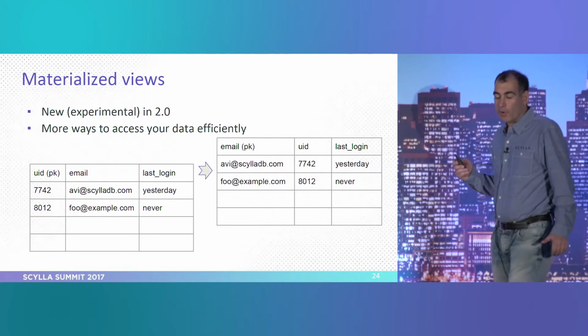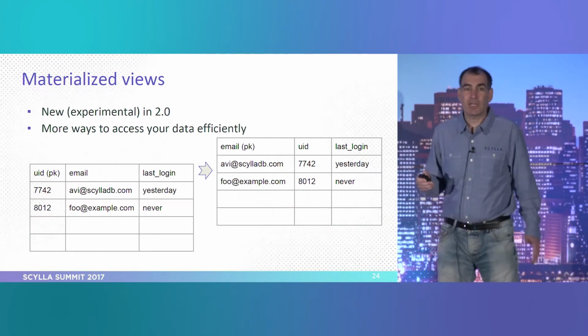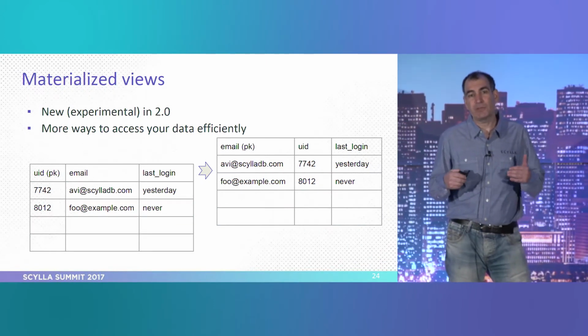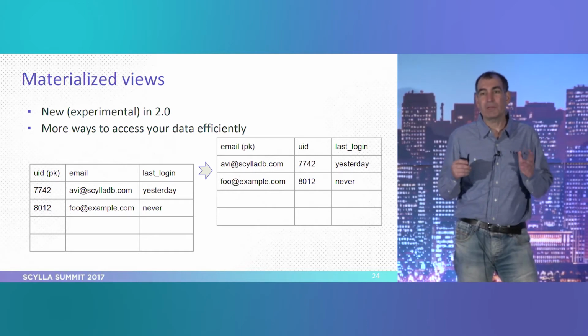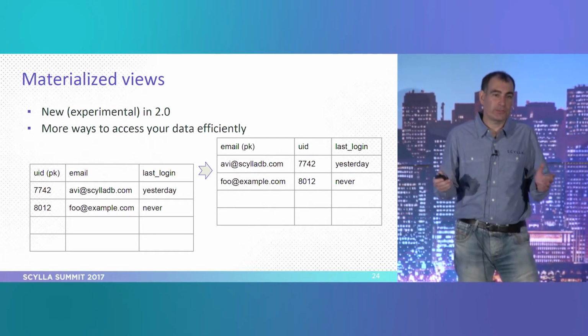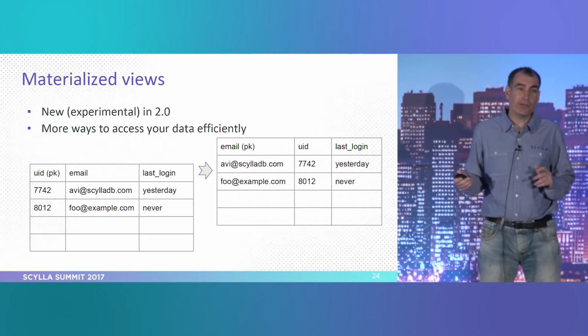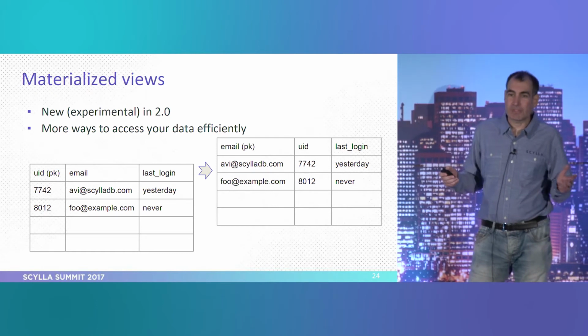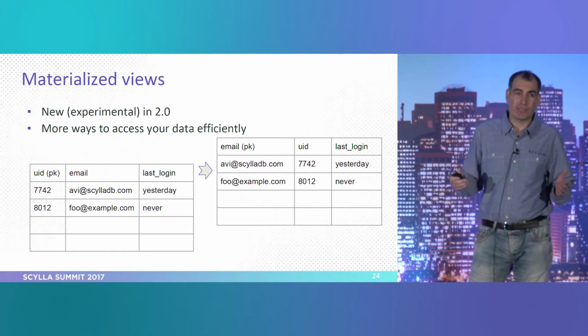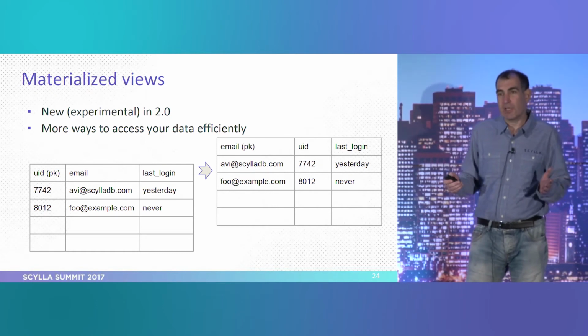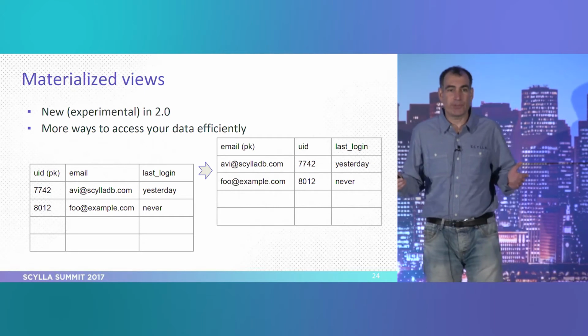Indexing. ScyllaDB and a lot of NoSQL databases really force you to have one major way to access your data, and that is using the partition key and the clustering key. You use them to access the data, but often it is not enough. A very common example is having a table of user profiles, where you access a profile by user ID.